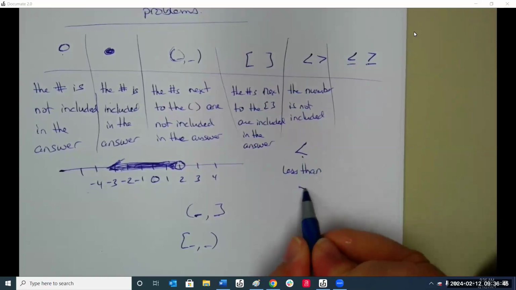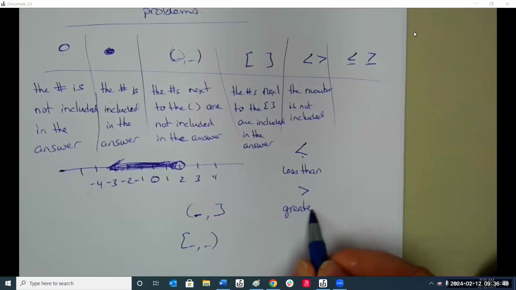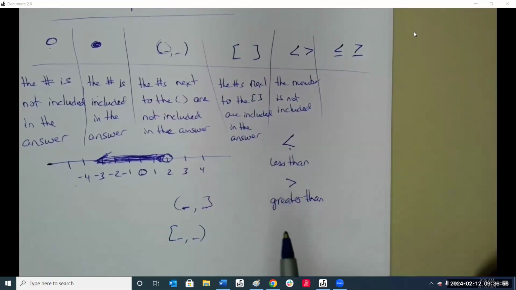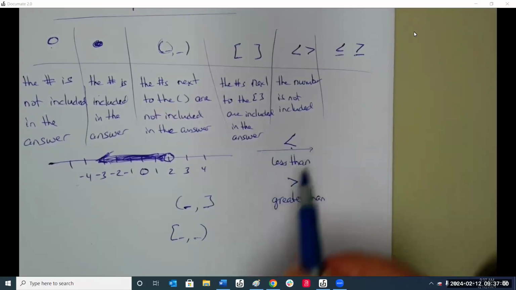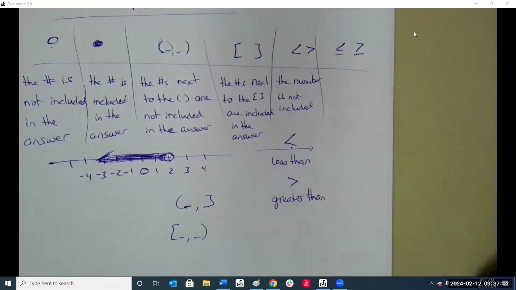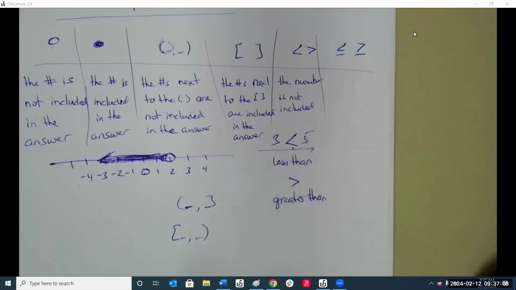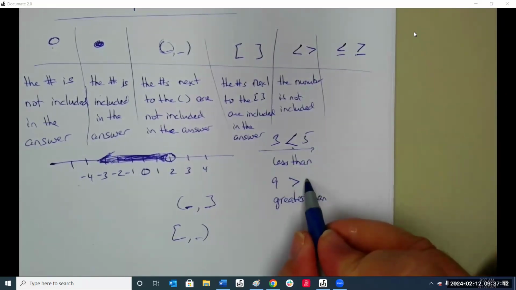And this symbol is greater than. It's very important because we read left to right. We know that 3 is less than 5. True. And we know that 9 is greater than 2.